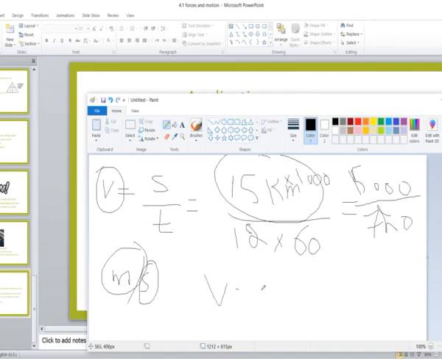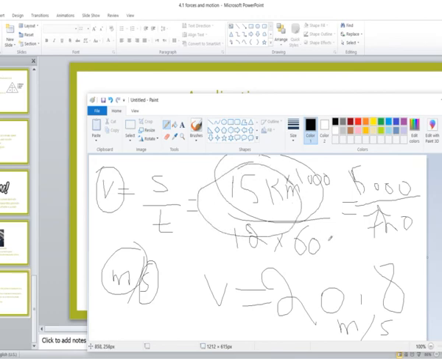So V is equal to 20.8. What is the unit? Meter per second. I can use another way, which is I keep the distance in kilometer and convert the time into hours, then the unit will be kilometer per hour. If you want, you can work it out alone and give me the answers.